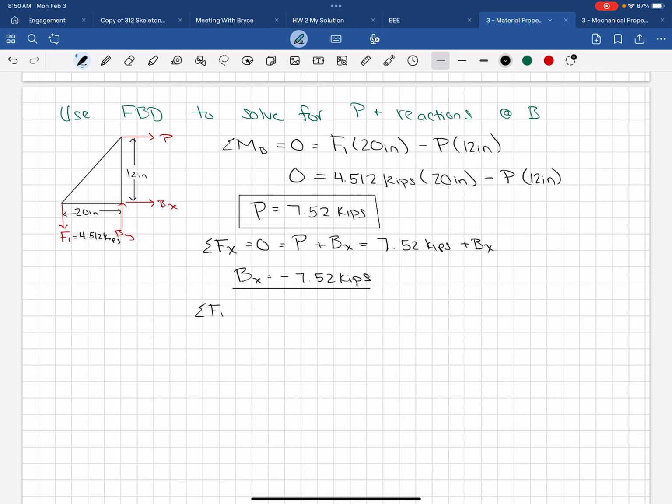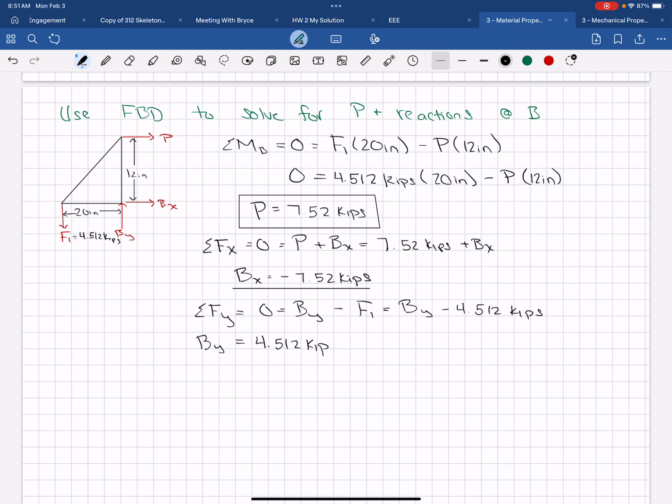Those equal 0, and that equals By minus F1, which equals By minus F1, F1 is 4.512 kips. So then we get By equals 4.512 kips.